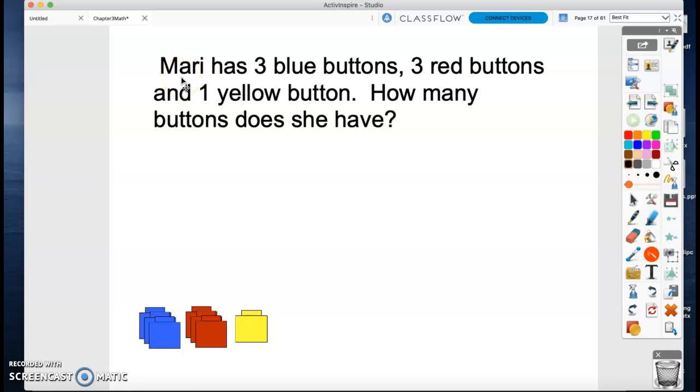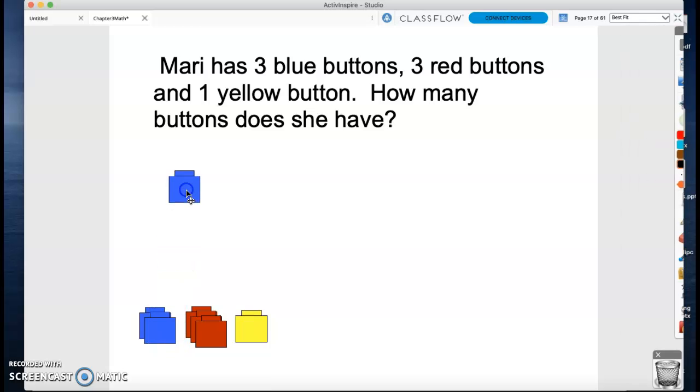The problem says, Mari has 3 blue buttons, 3 red buttons, and 1 yellow button. How many buttons does she have? So I'm going to model that problem. It said that she has 3 blue buttons, so I'm going to use my 3 blue counters.